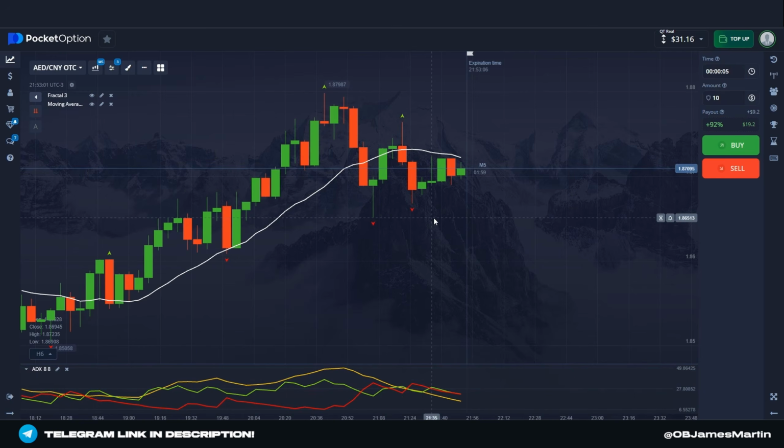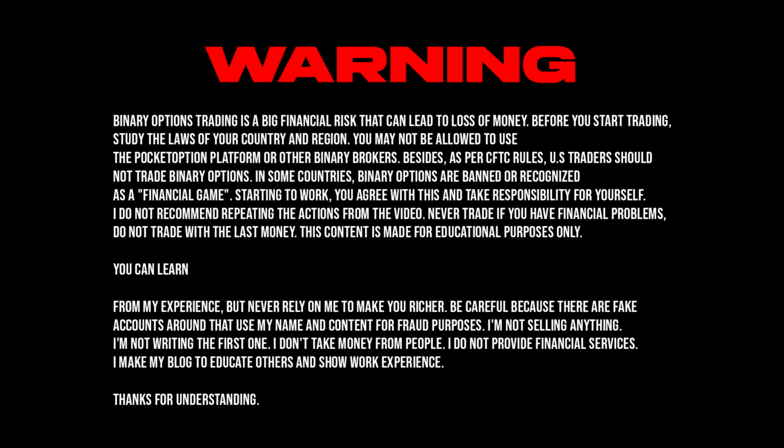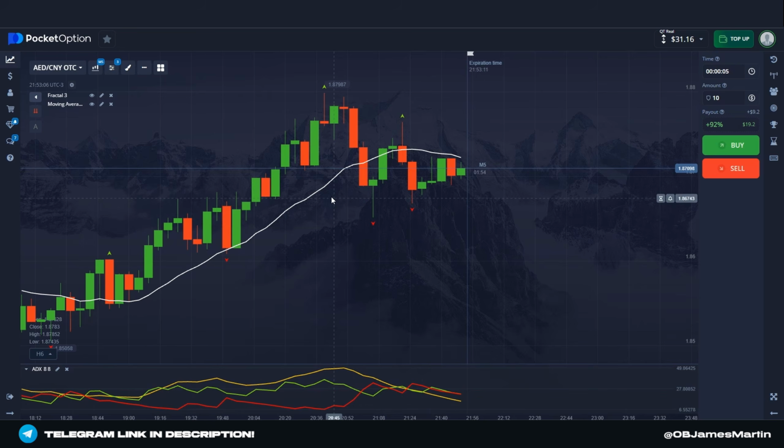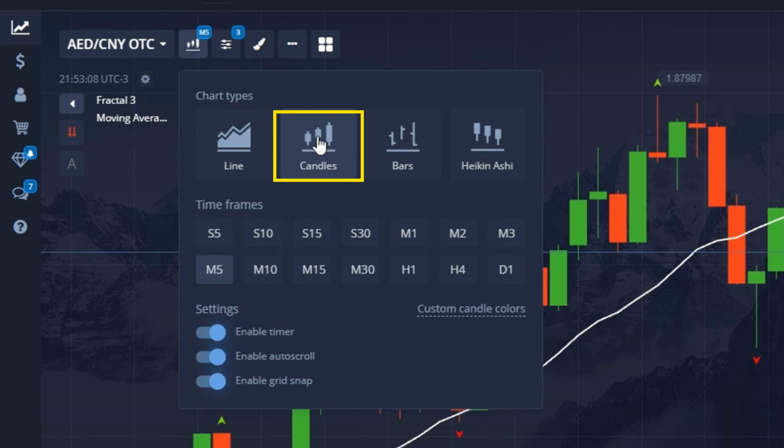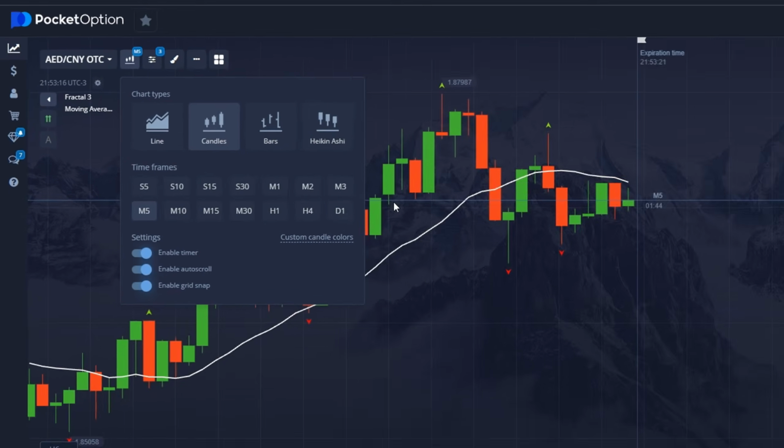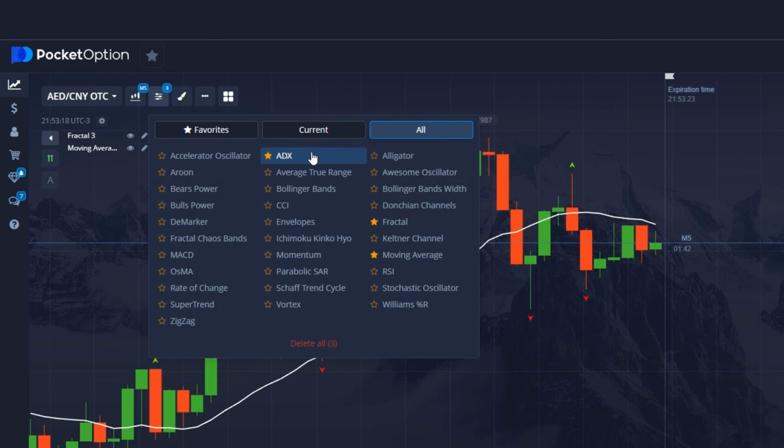I don't want to waste our time, so I should set up as quickly as possible. So let's try, and let's just select M5 on time frame, candles on chart types. All right, and right now let's set up our indicators: ADX, Fractal, and Moving Average.